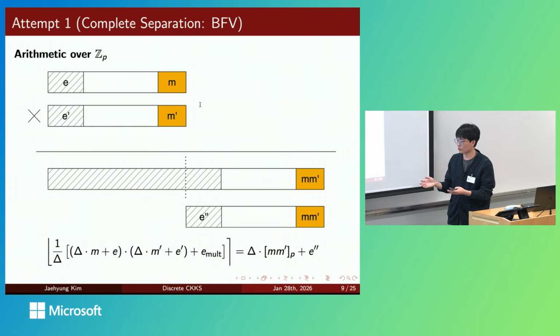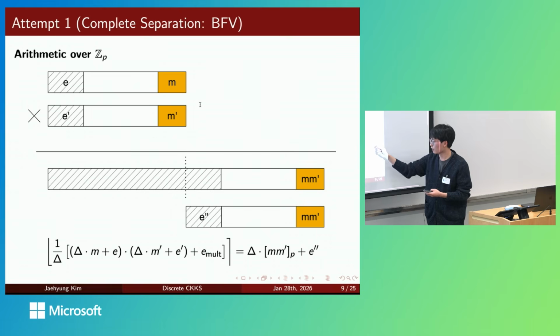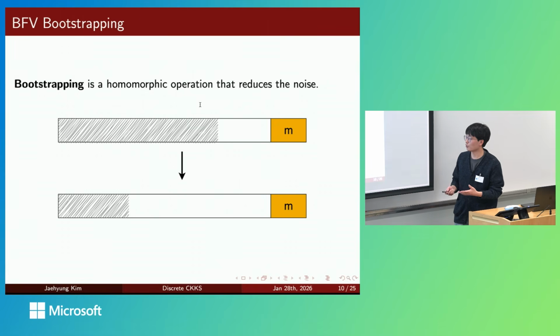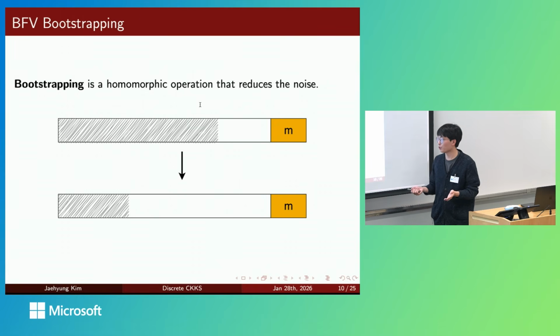And therefore, in order to provide exactness of the MSB, this computation is by definition a bounded computation. What I mean is you can only do a bounded number of additions and multiplications, and that is why we need to introduce a process called bootstrapping.